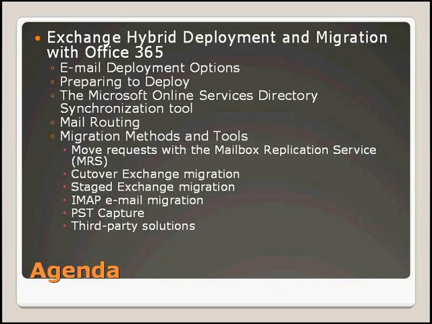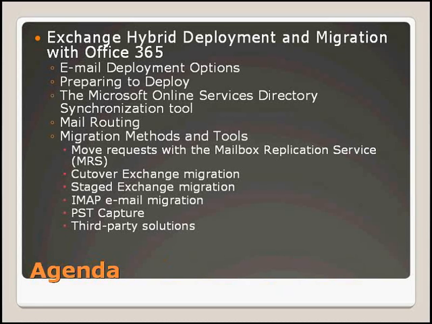And we talked about mail routing. We talked specifically about the target address. Then we talked about multiple options or methods that you should be familiar with when you're trying to do a migration. And this is just an introduction. We should have a better understanding of these in the upcoming parts, wherein we will be discussing more about DirSync, more about mail routing, and more about the mailbox migration tools and the methods that we have.